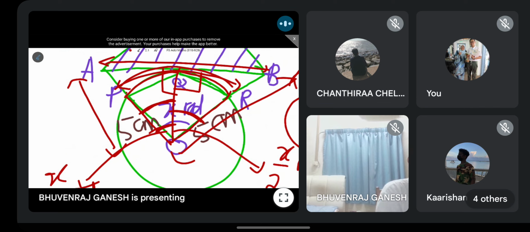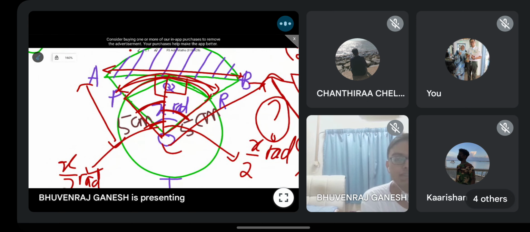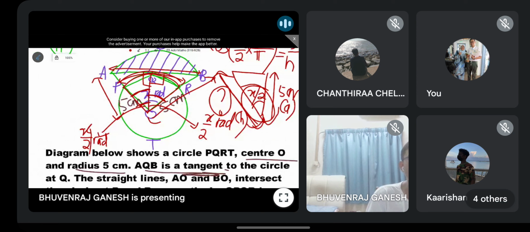So guys, can we find the AB? Can we find the length AB? Yes or no? Based on the question, can we find the length AB? Yes or no guys? Try to answer.